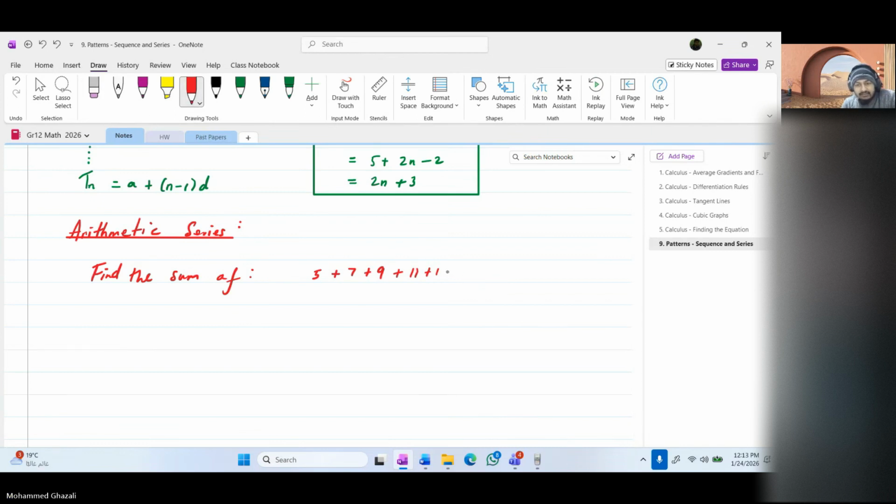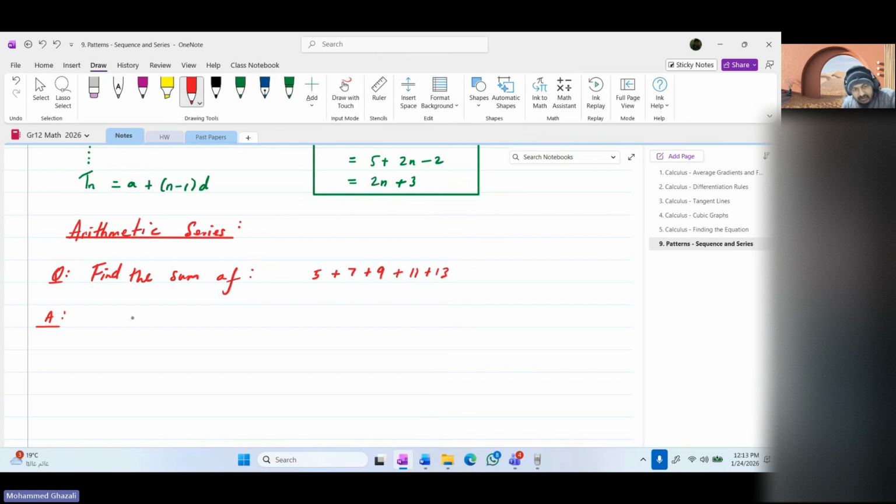Because this is just 5 numbers, obviously you can find the sum. So to solve this problem, we set up a forward sum and a backward sum. So this is your question.